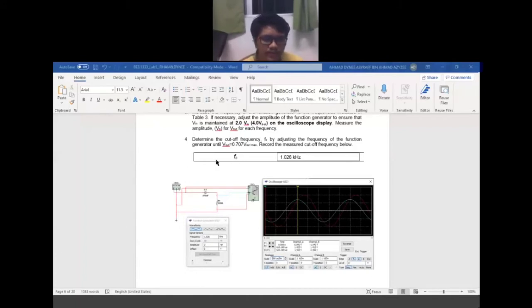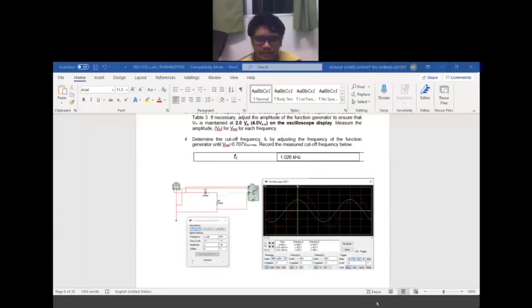Since the V out is for channel B, I go for Y max, and the Y max I got is 1.413 volt.